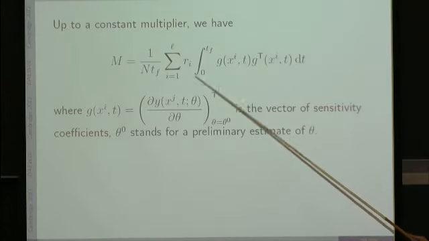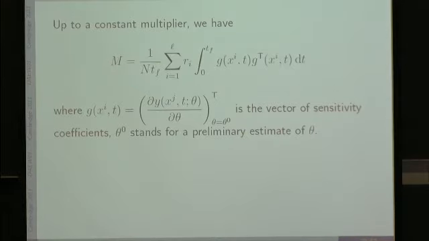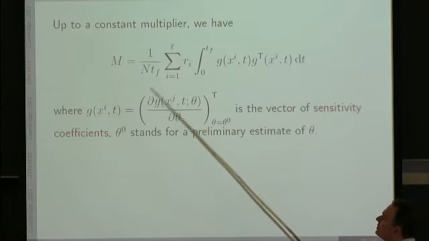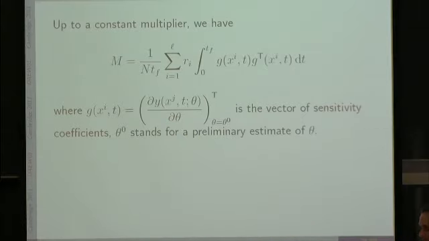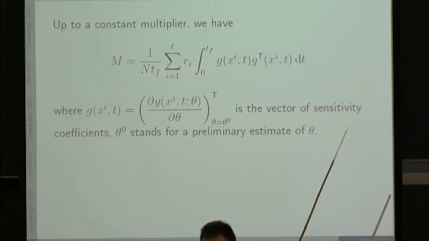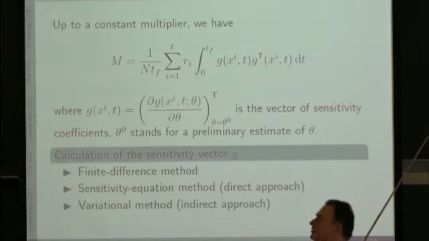We have to calculate the integral over the observation horizon, the integral in time, and in order to compute the individual elements of the information matrix, it is necessary to know how to compute the so-called sensitivity coefficients, which are the derivatives of the state with respect to the parameters. It is a problem which is widely known, for example, in shape optimization in mechanics.